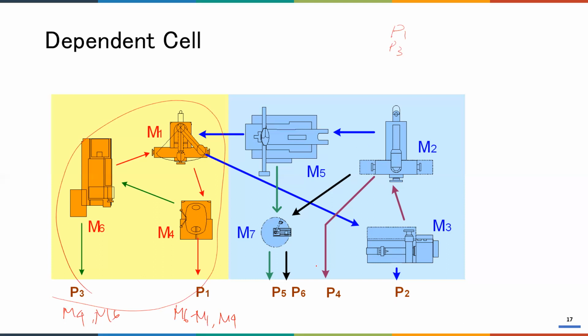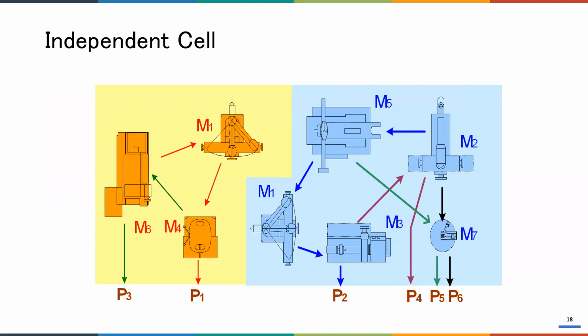And then in the other cell, we have 4 different parts that we should make. However, as we can see here, it becomes a dependent cell because part 2 also belongs to machine cell number 2. They still need to go to machine cell number 1 and share machine 1 with part 1.